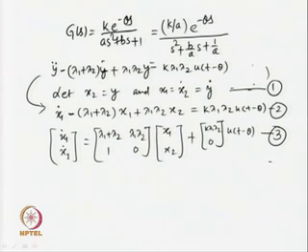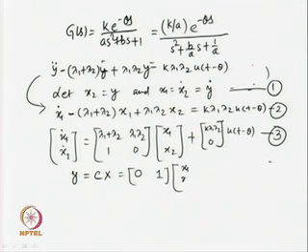Okay. And the output equation can be given outright in the form of y equal to C x, here 0 1 times x 1, x 2. So, when you multiply, you ultimately get y equal to x 2, and that is what we have assumed earlier. So, we have introduced the state variable x 2 as y.